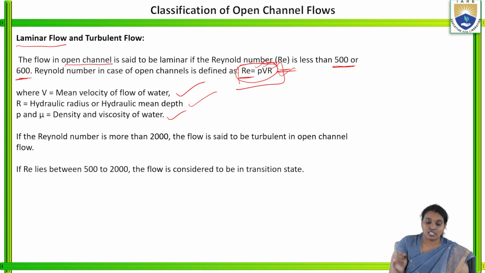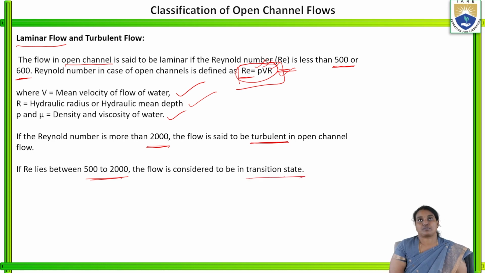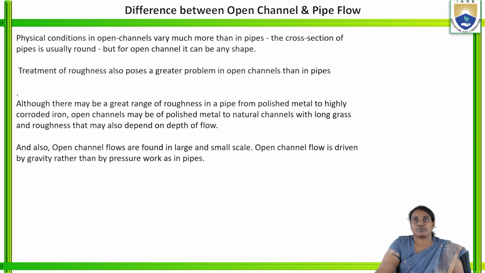These are the parameters we use for finding the Reynolds number: rho V R, that is density, hydraulic radius, and velocity of flow of water. If the Reynolds number is less than 500, the flow is laminar flow. If the Reynolds number is more than 2000, such type of flow is said to be turbulent flow. In between these two, 500 to 2000, the flow is considered to be in the transition state. This is the classification based on the Reynolds number.